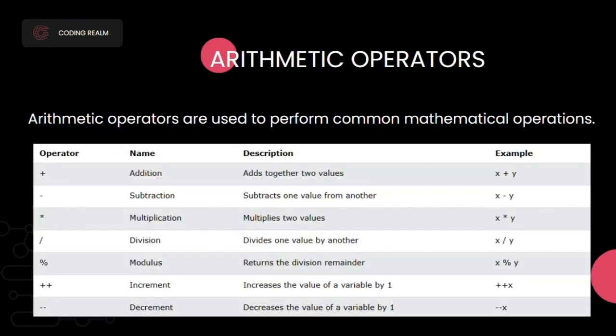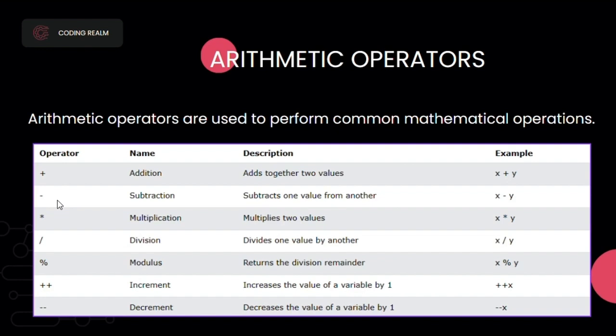First, the arithmetic operators. Arithmetic operators are used to perform common mathematical operations. The first operator is plus, or addition. It adds together two values, like x plus y, 3 plus 4, for example. The second operation is minus, or subtraction.